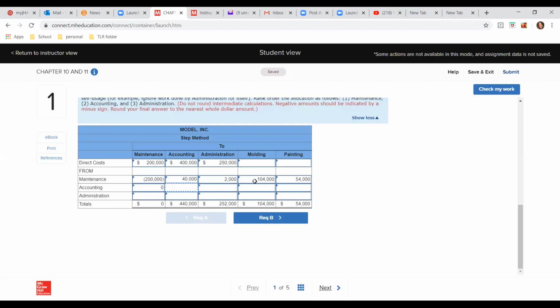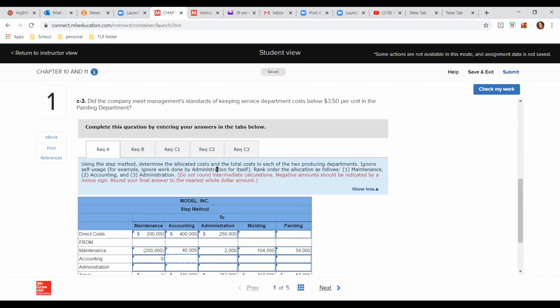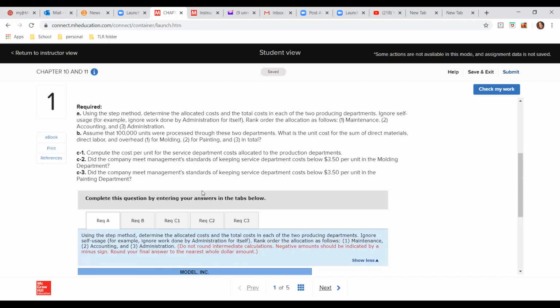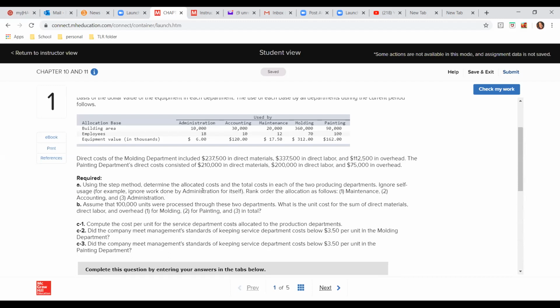I had to go back to my instructions. Accounting is allocated based on number of employees. So we have to go back to the top of the screen to look at the number of employees. When you're allocating based on number of employees, you have to ignore the accounting department, like we ignored the maintenance department.